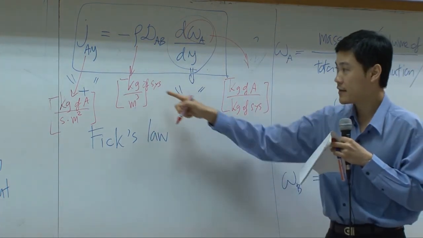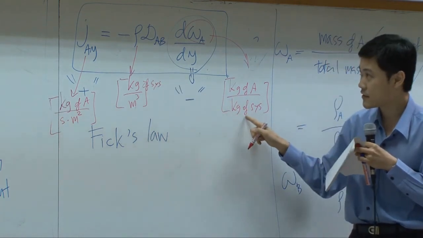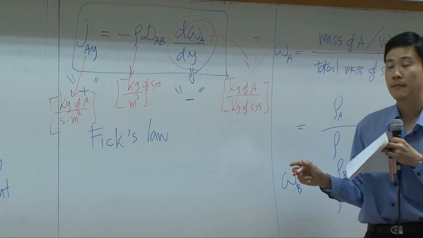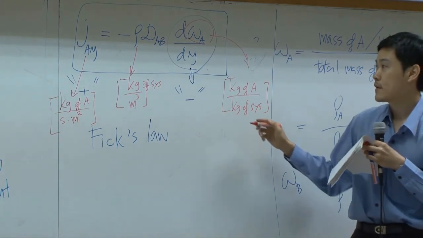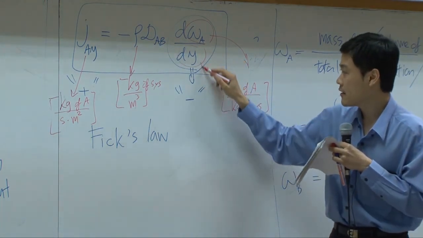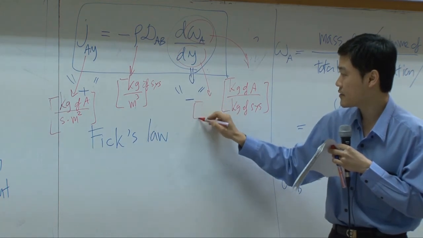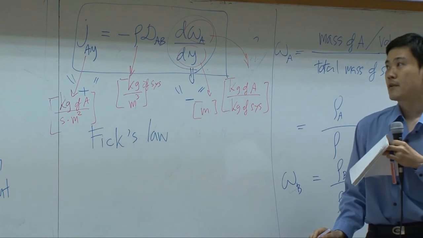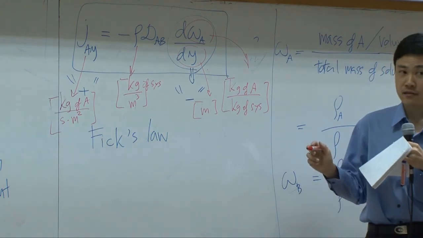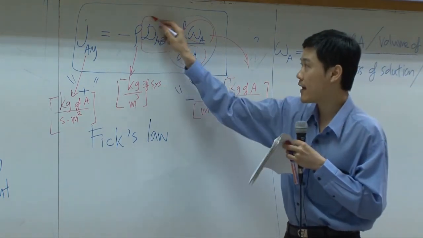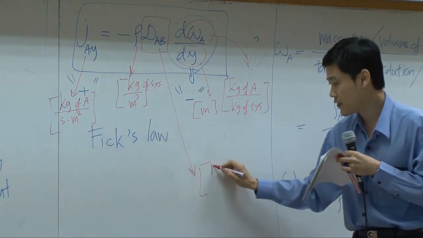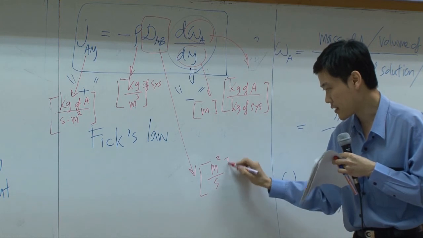That's why this kilogram of system and that kilogram of system cancel out. Okay? The unit of y here is meter. So in order to get a unit balance, you find that the diffusion coefficient is supposed to have units of square meter per second.